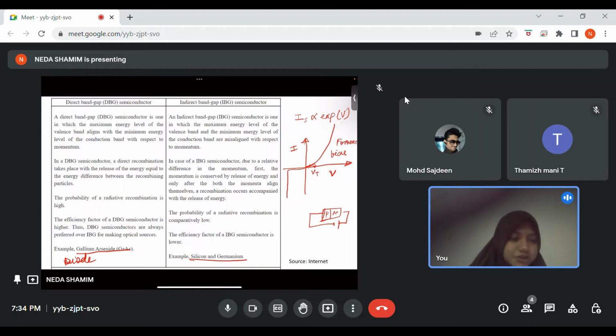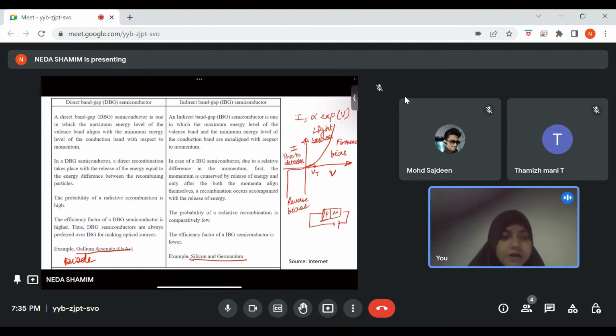There are different diodes available when operated in the reverse bias region. All the light sources are used in this region, and all the detectors, photodetectors specifically, are used in this region. I hope you know about this, and you must be clear how it is done.